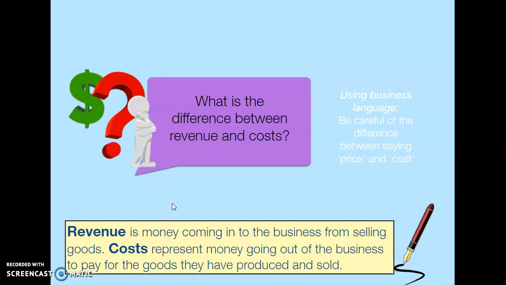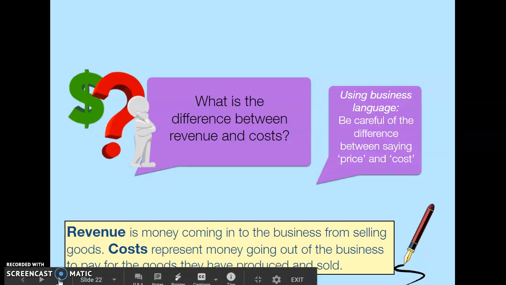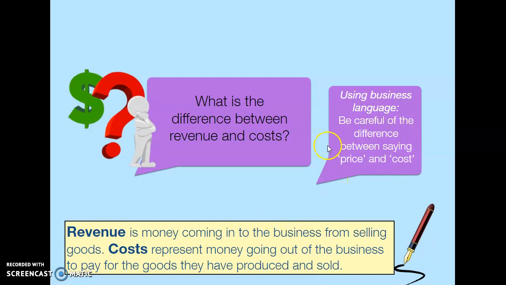Those are all the costs, and that is what you would say in an exam if they asked you what the difference is between revenue and costs. Like I said, be careful of the difference between saying price and costs because they're not interchangeable things.